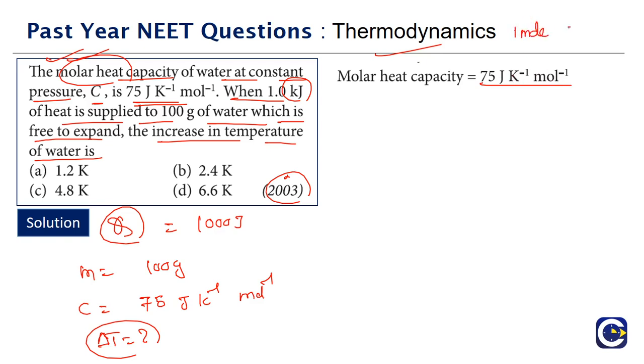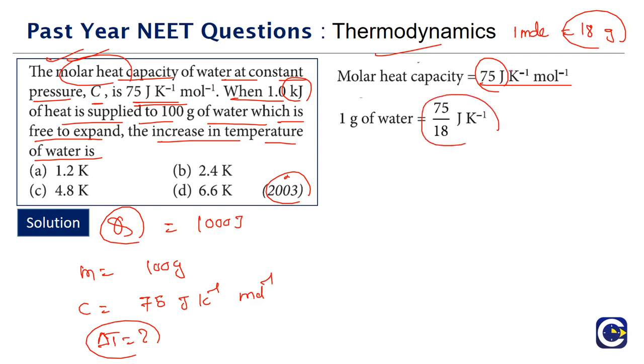What is 1 mole of water? 18 grams of water. Means this 75 joule per Kelvin is for 18 grams of water. So for 1 gram, how much will it be? It is going to be 75 by 18. So the mass specific heat capacity is 75 by 18 joule per Kelvin per gram.